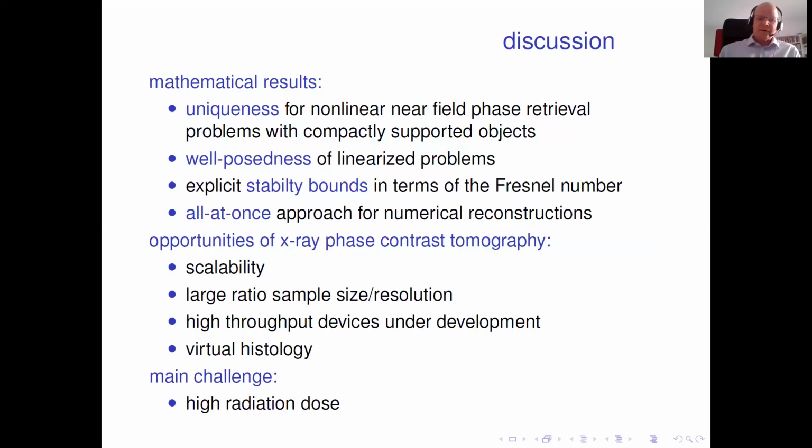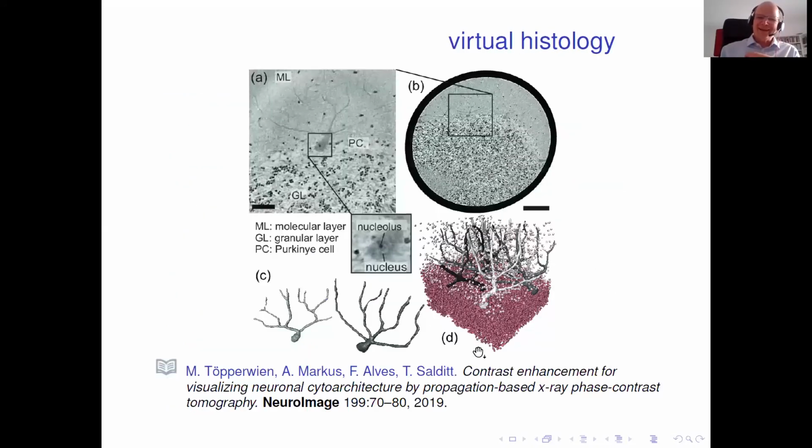In particular, there are very new and interesting results on so-called virtual histology. That's a talk in its own. I just want to show these very nice results of my collaborator Tim Salditt here.